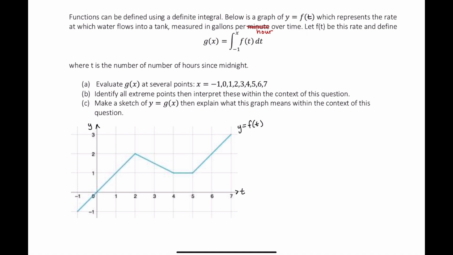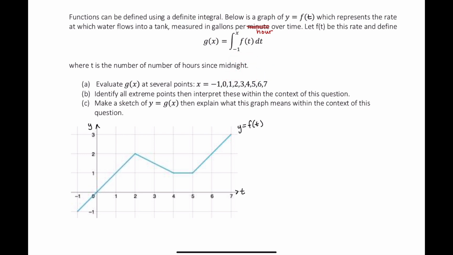Now, to compute part A, this graph is going to give us, once we compute the inputs, the total amount of water that has entered the tank from 11 p.m. to whatever time we have now, whether it's midnight, 1, 5 a.m., 7 a.m., to whatever time.